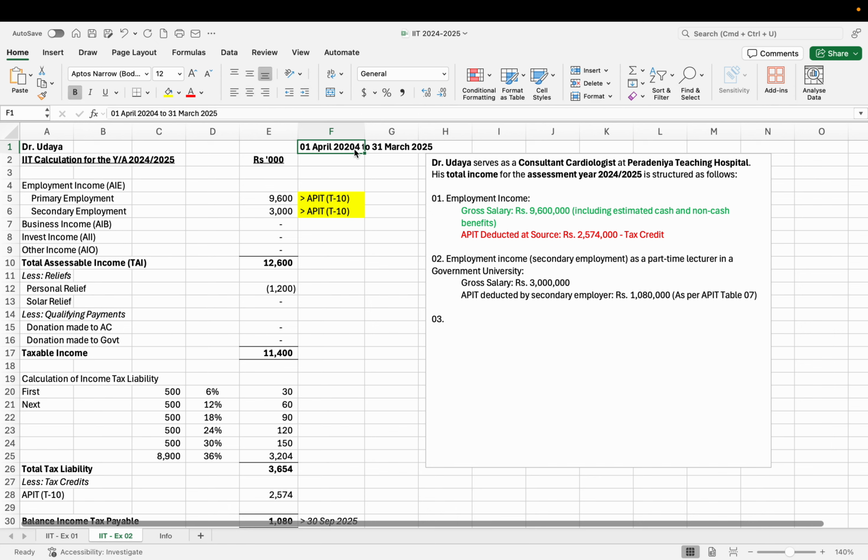After that period there are some changes which are not examinable if the question asks you to calculate for the year of assessment 24-25, because those changes are not applicable. So the key focus is which year of assessment they are asking about, and which laws apply.